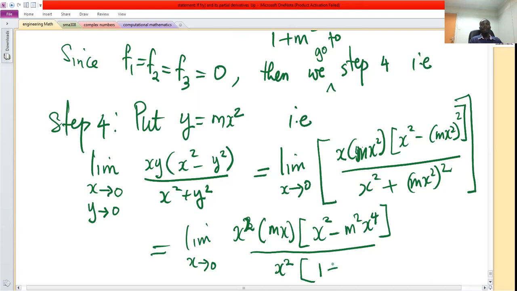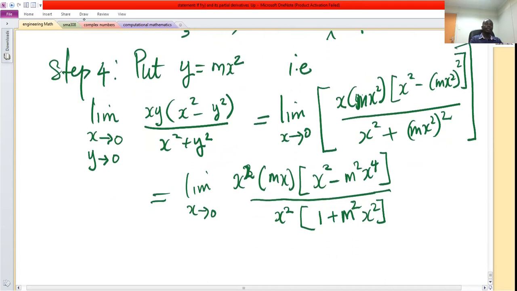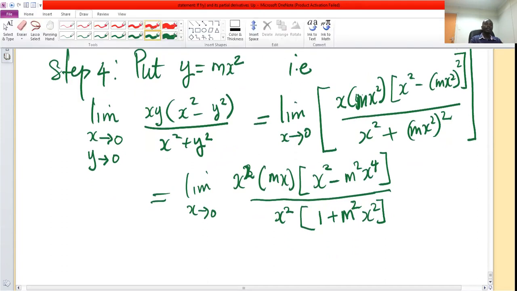So I'll have 1 plus m squared x power 4, because I've factored out x squared, so I remain with x squared here. Now with this factorization, I'll cancel the x squared, which are factored outside the brackets.